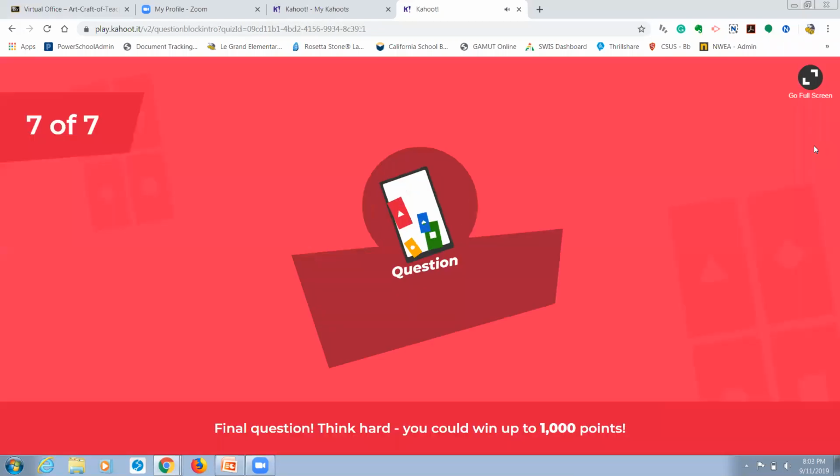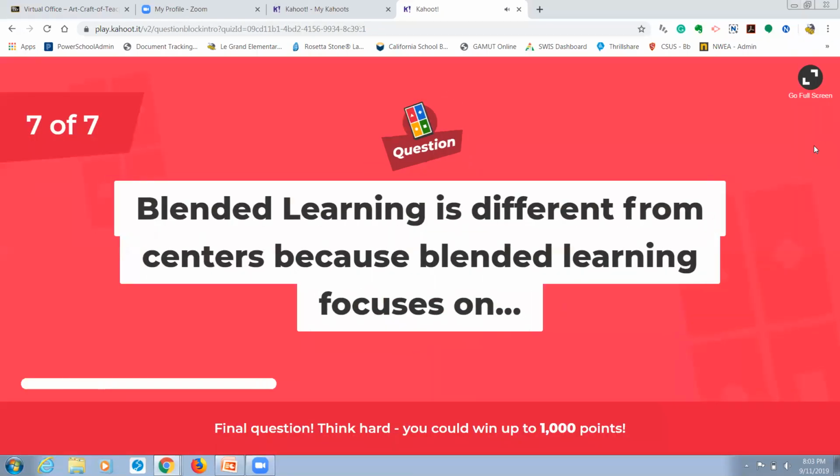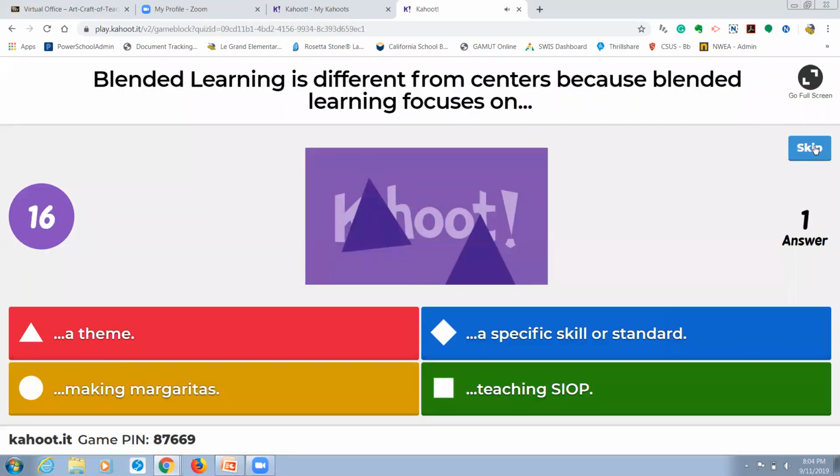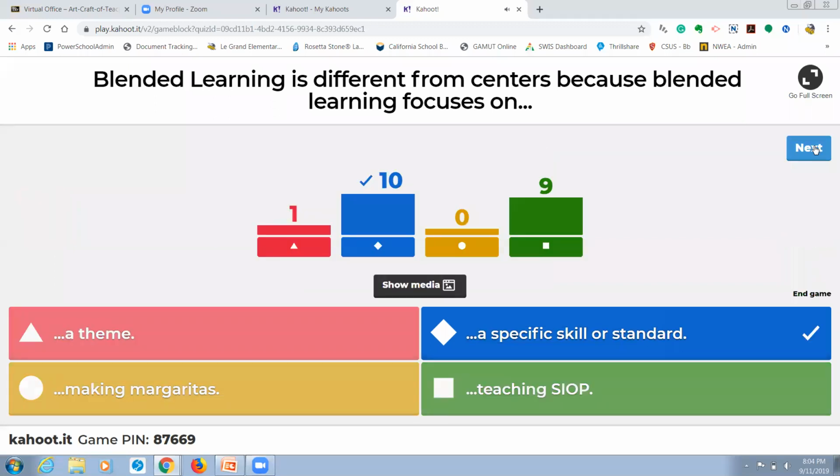Here we go. Last question. Blended learning is different from centers because blended learning focuses on what? Focuses on a specific skill or standard.